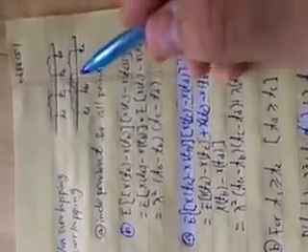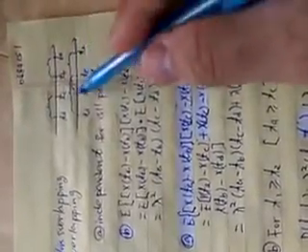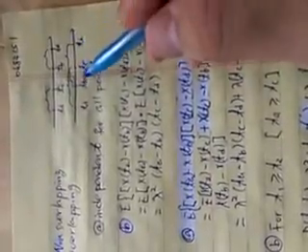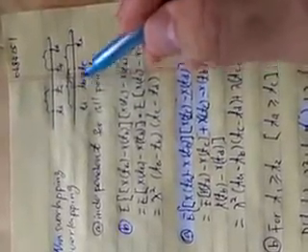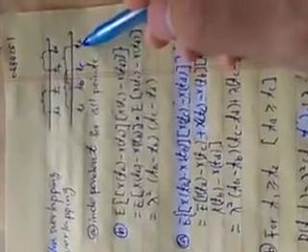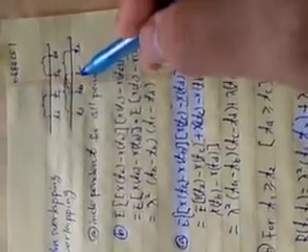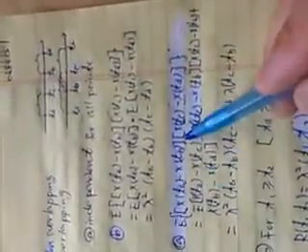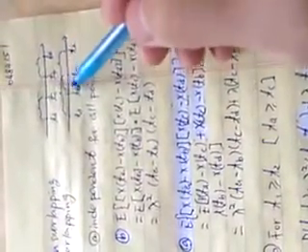Let's start from TA, TB. TA minus TB will become TA minus TC plus TC minus TB. That's the first one. We get this one plus this one.